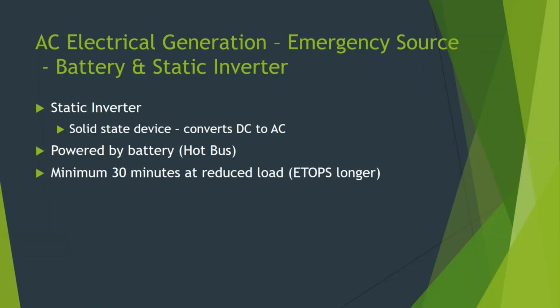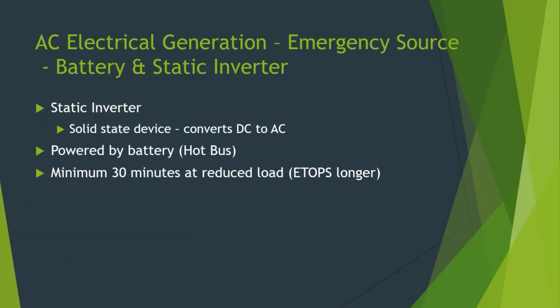However, if you have aircraft that are ETOPS certified, so extended twin operations, which is where aircraft are flying over open bodies of water for extended periods of time, there are certain, depending on the ETOPS certification level, this time period will be longer, with the idea that a plane that's further away from land is going to need to have this power available for a longer period of time. But at minimum, they're going to supply 30 minutes at a reduced load for aircraft that don't fly over water for extended periods of time.